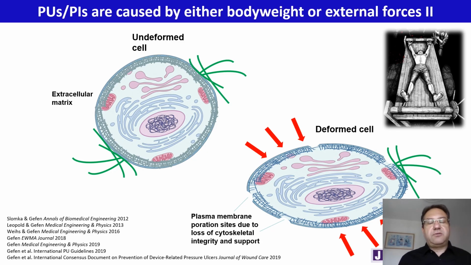The cytoskeleton is gradually being damaged. That damage to the cytoskeleton causes it to be less able to support the other cell structures, particularly the plasma membrane of the cell, that then develops poration sites, small holes, gaps in the continuum of the plasma membrane that now allows transport, which is uncontrolled.